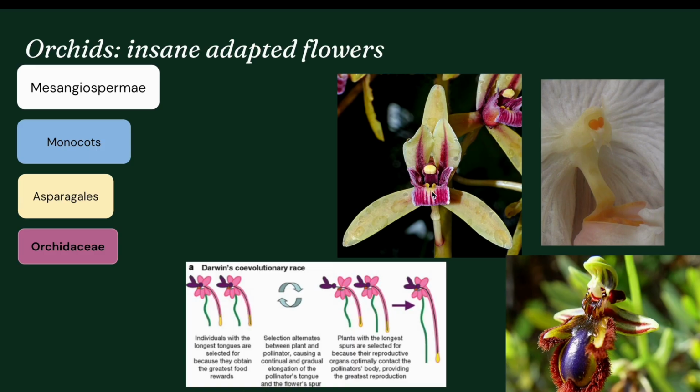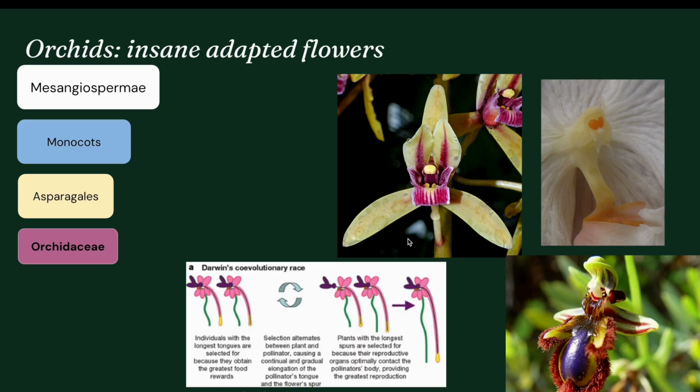And the noteworthy thing about orchids is that the other structures surrounding the pollen, which are packed into pollinia, I'll talk about that in a second, have co-evolved with their specific pollinators, usually insect pollinators, right?